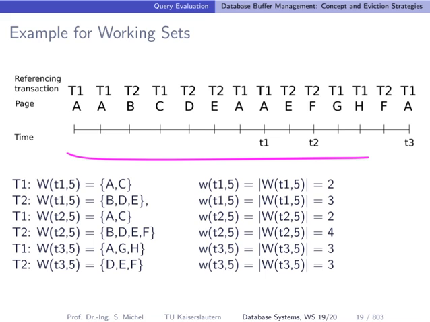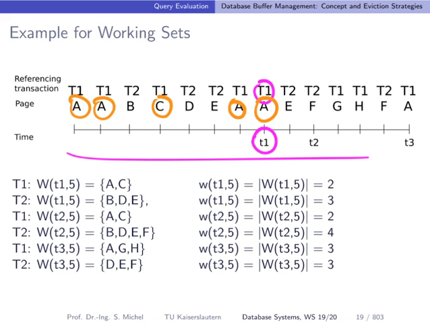And if you go now to time point t1, for transaction 1, here's transaction 1, here's time point t1. So we have A, C, and A, and again A. These are 5 references for this transaction T1.